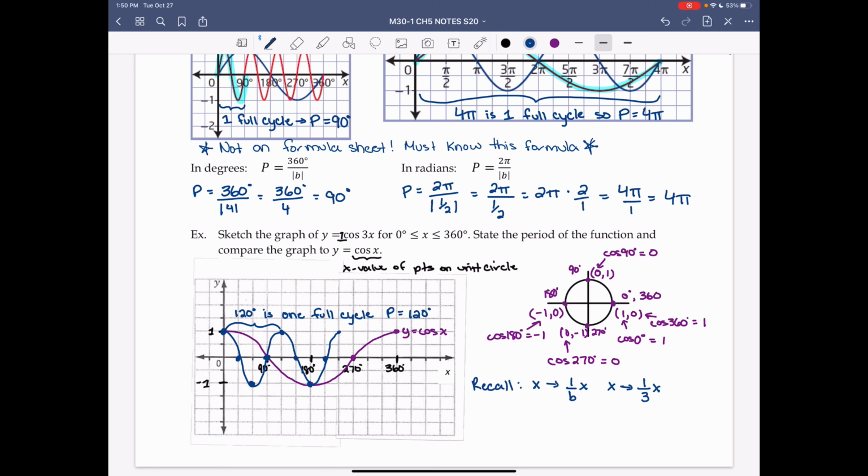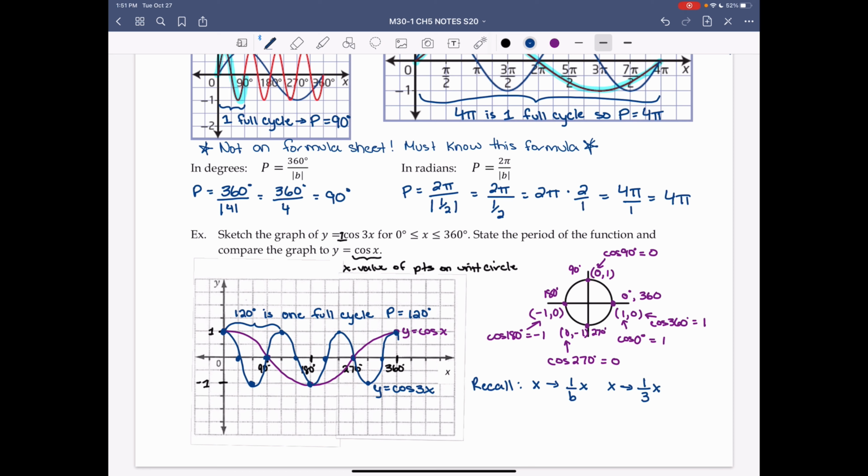Move over one to 270, we're at y equals 0. Move over another one on the x-axis, we go down to y equals -1. Move over another one on the x-axis, we get back to y equals 0, and move over one more to 360, and we get back to y equals 1, and join those points together to get the rest of our curve. So this is y equals cos 3x.